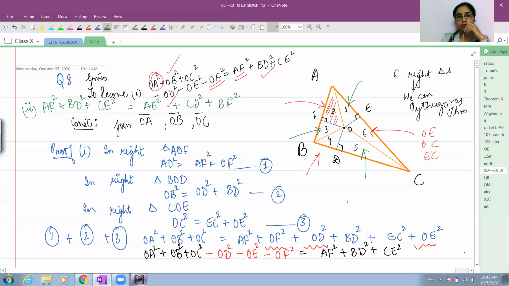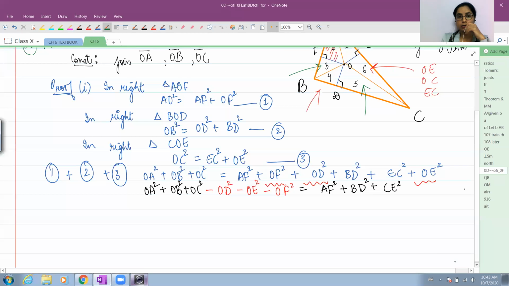If anyone's writing down from here, please let me know, because I will be going a little further down so that I can write down. So I'm going to take right triangle AOE, and by using Pythagoras theorem, I will have OA square equals OE square plus AE square. Let's say this is number 4.